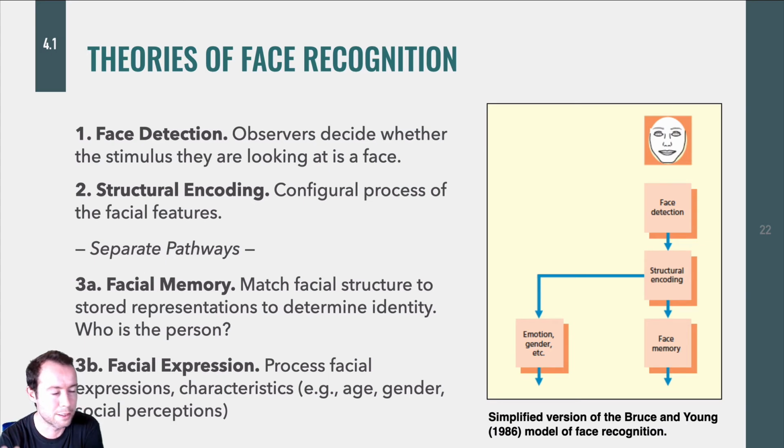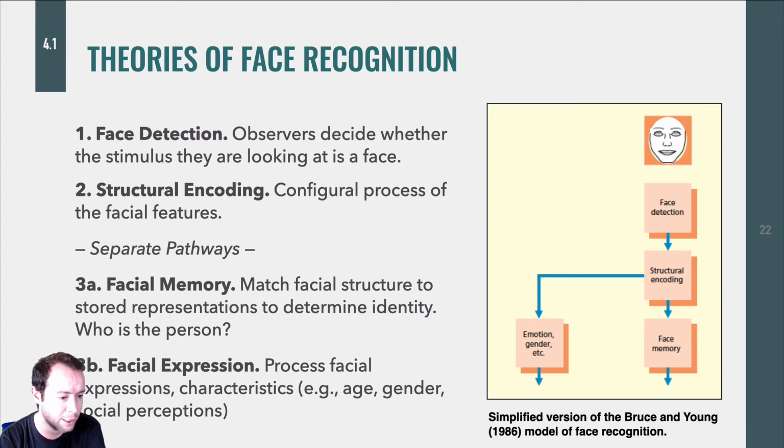We then engage in some form of structural encoding. So we do this holistic processing of the configuration of the combined features of the face. And this is when we process along two separate pathways. There's one pathway that matches this structural map that you've constructed to representations that you have stored in long-term memory, and then matching these representations to a particular name that allows you to go, yeah, this person I'm looking at, that's John.